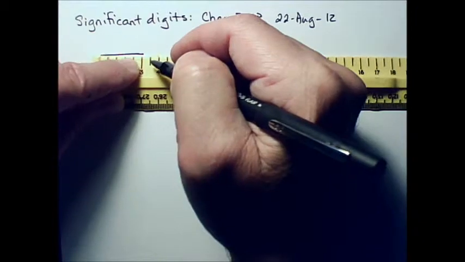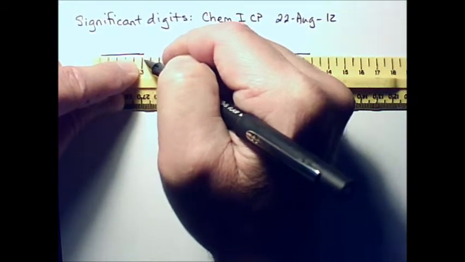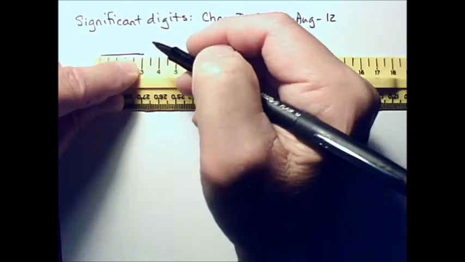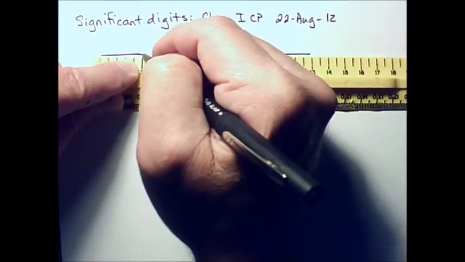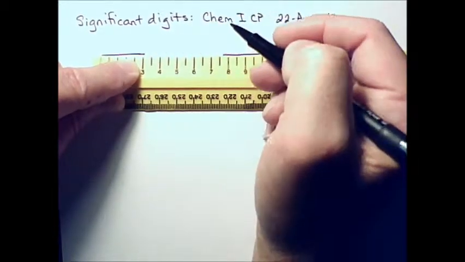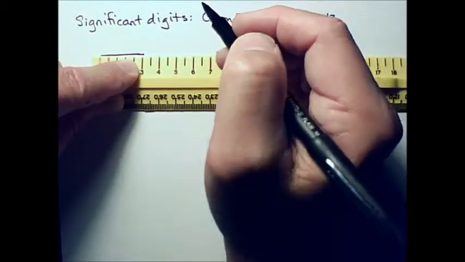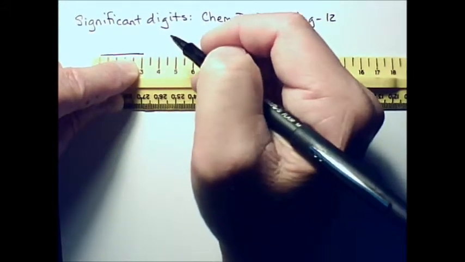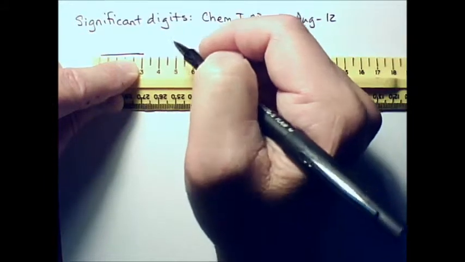Since this is 3 and this is 4, it's reasonable to assume there are 5 markings that are missing in here. So we can estimate where this line might come to. You can only estimate to 1 more marking in tenths than exists on an analog device. Okay, this is an analog device. I'll define that for you in a minute.